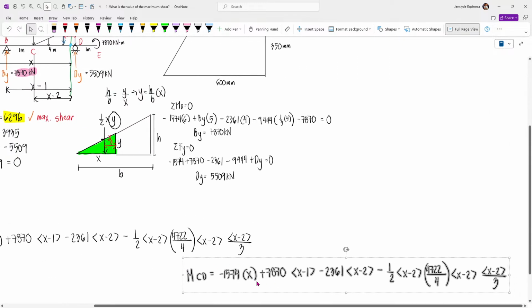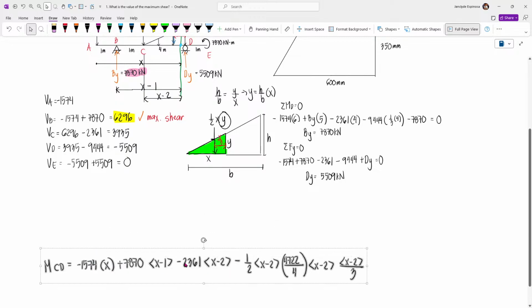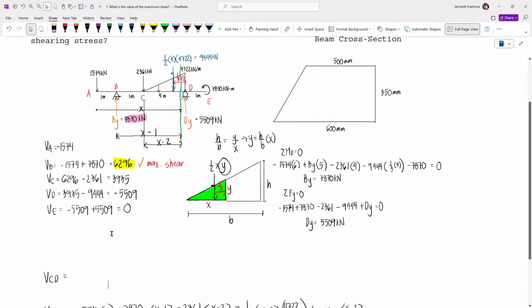So, copy ko na lang ni. And then, akong formahon ang shear at segment CD. Now, ako ni siya i-set to 0 later para makuha na nako ang location sa maximum moment. So, again, ang shear sa CD, we have minus 1574. I-add na nimo dapat tanan load sa segment before sa CD.